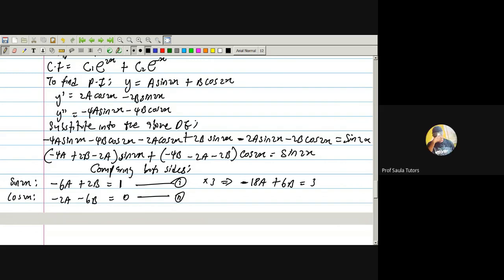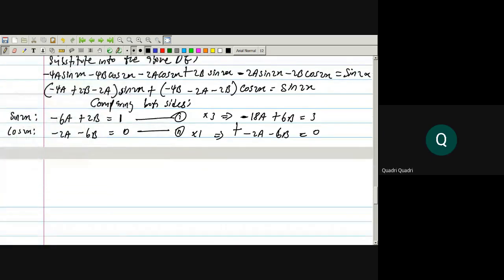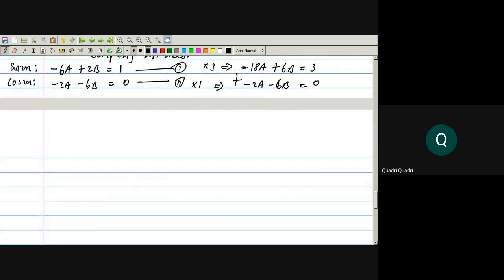This one multiplied by 1: minus 2a minus 6b equal to 0. Add both equations together. What do you get? Minus 20a equal to 3. Exactly. So therefore, a equals minus 3 over 20.